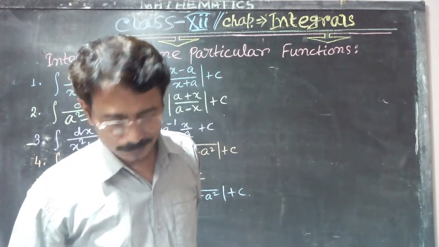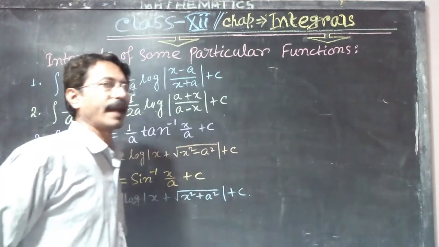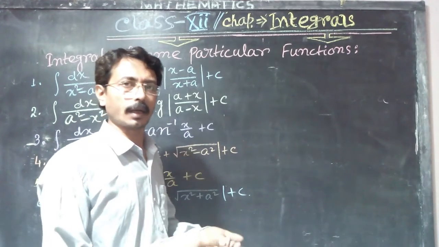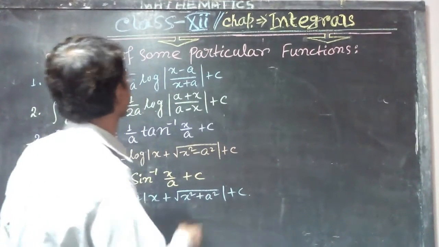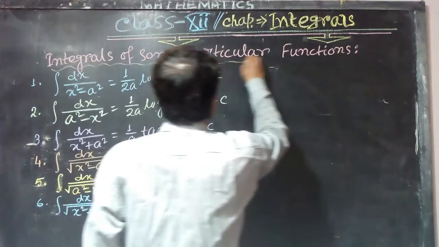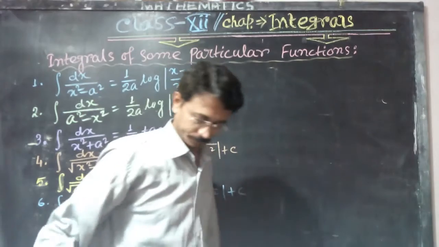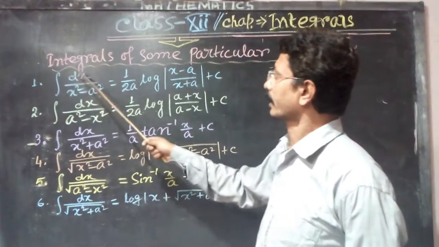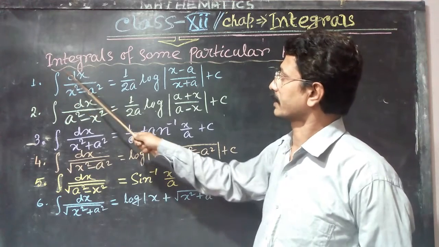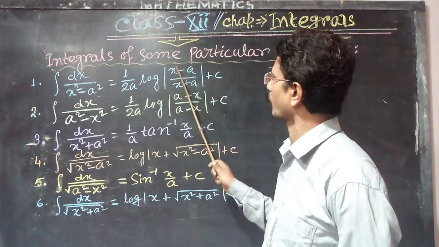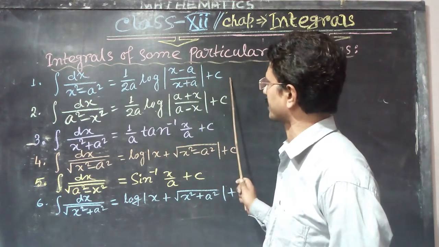Today we discuss the next part of integrals which I discussed in my previous class. Today we discuss integrals of some particular functions, and the particular functions are: number one, integration dx by x square minus a square equal to 1 by 2a log mod x minus a by x plus a plus c.